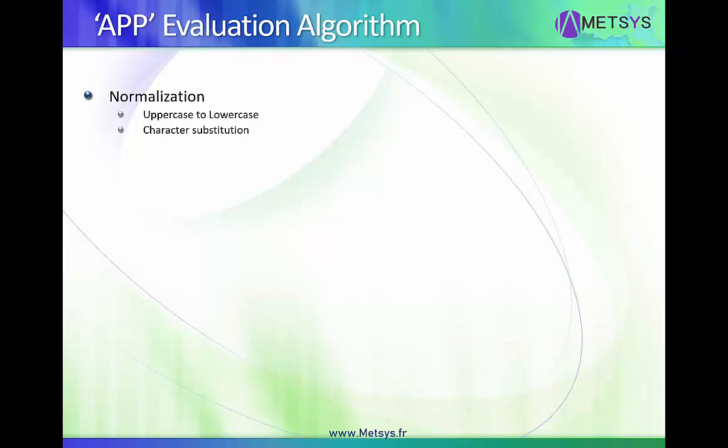Uppercase to lowercase is a process in which the capital characters of the password are changed to lowercase. For example, if you have a password like this with two capital characters, P and D, those two will be changed to lowercase letters, which means the password will be changed to the second one, which has p and d in small letters.